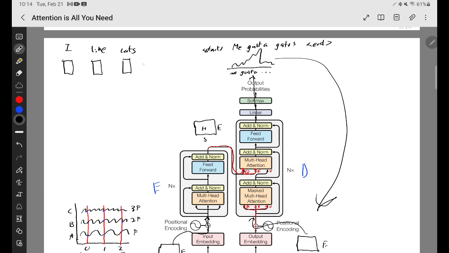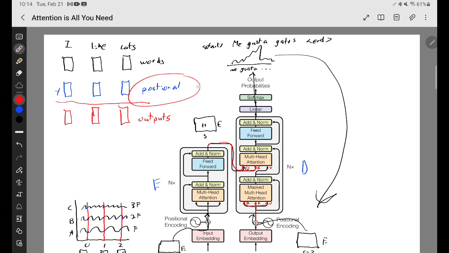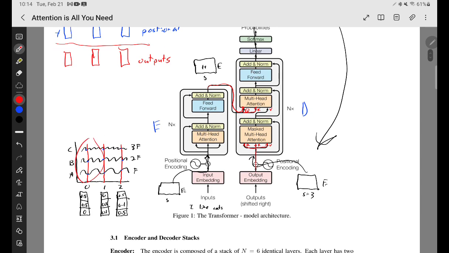These are the words, and then we have the vectors for the positional encodings, and you add them and you get new vectors, which are the outputs, the words plus the positional encodings. So now each word has a unique positional encoding representation that the machine learning algorithm can use to figure out by itself where it is in the sequence.